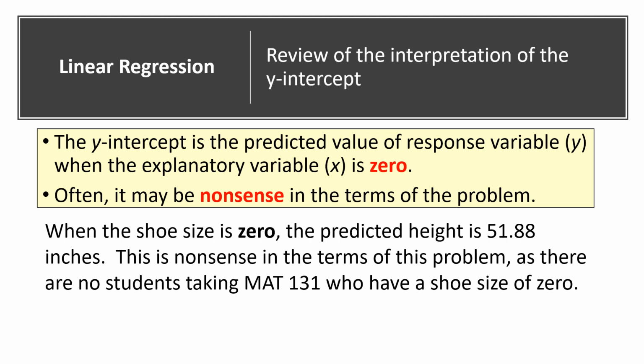Can a Cincinnati State student taking MAT 131 have a shoe size of 0? No, but that's okay. That is the interpretation of the y-intercept. The y-intercept is needed as an initial value for this regression equation, but that point in itself doesn't make sense in terms of this problem. Nobody has a shoe size of 0.